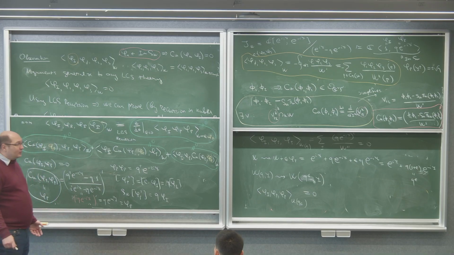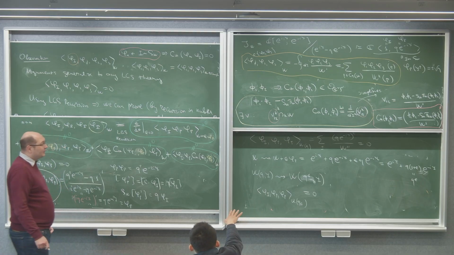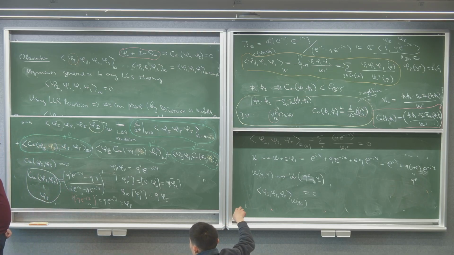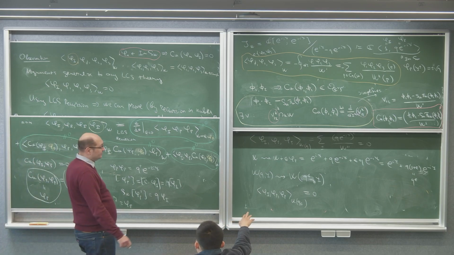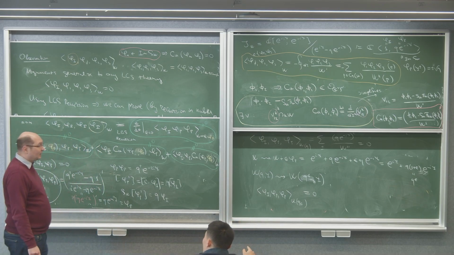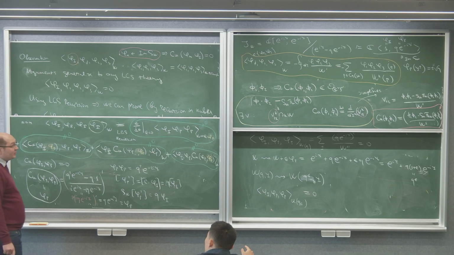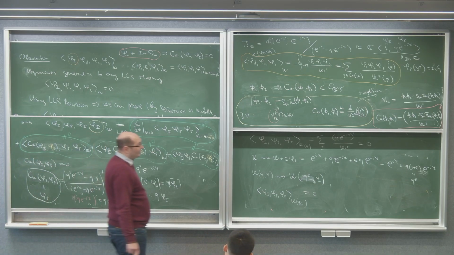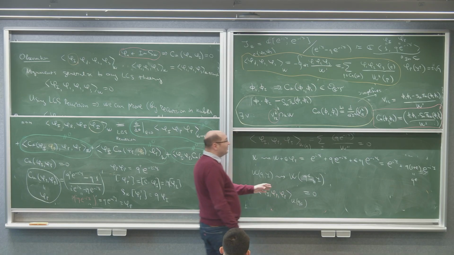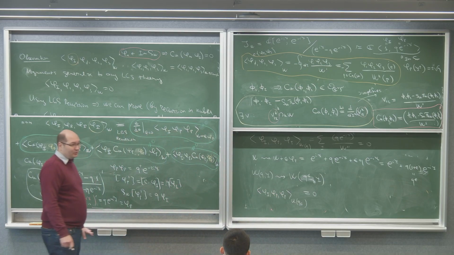So in this sense, if we define this 3-point function as a residue integral, then we need to change the numerator, but here it vanishes for an even simpler reason, some kind of degree selection rule.